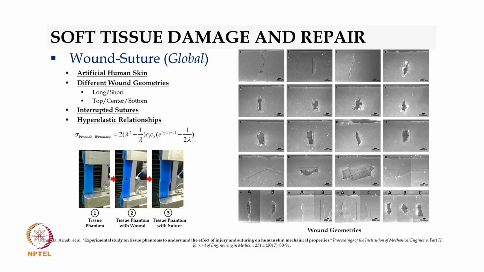The first one is known as a tissue phantom, or an artificial skin, or a skin simulant. This is what we developed first. This was followed by a tissue phantom with the wound. So we had now created the wounds, and the third one, this is just representative of all the samples which we had tested, is a tissue phantom with suture.